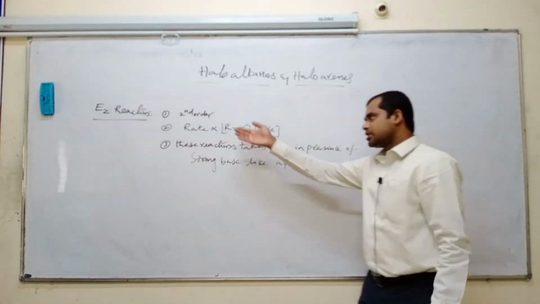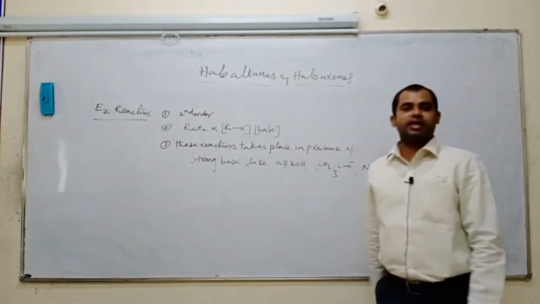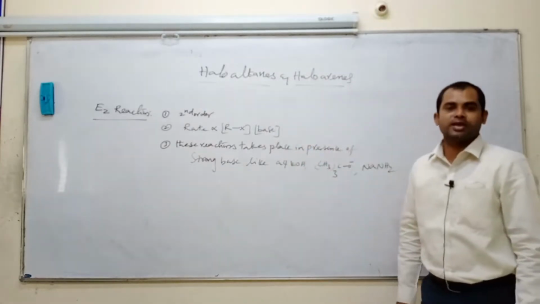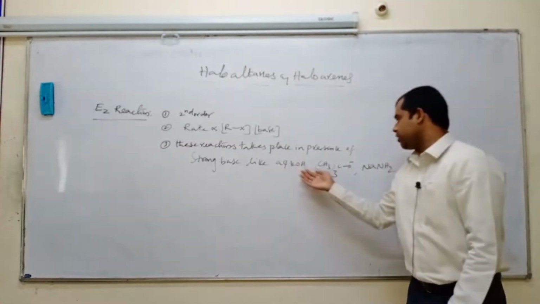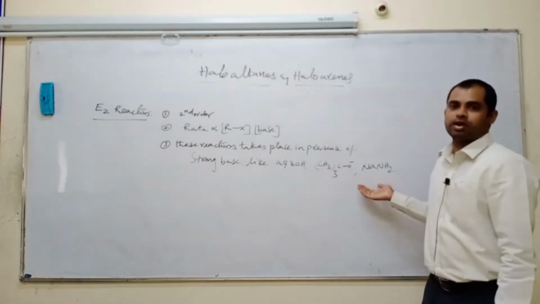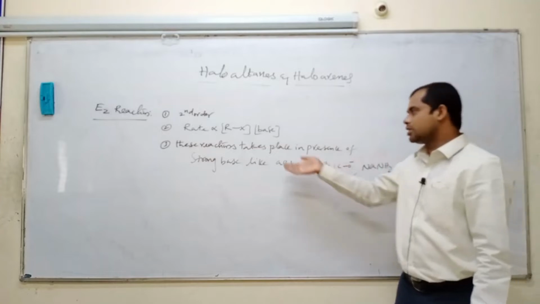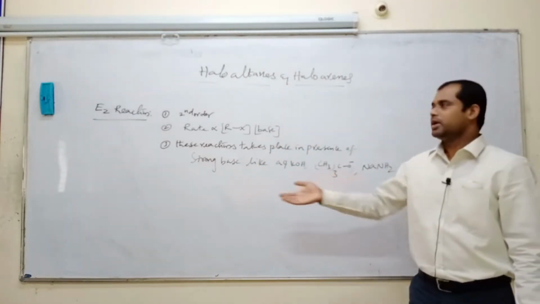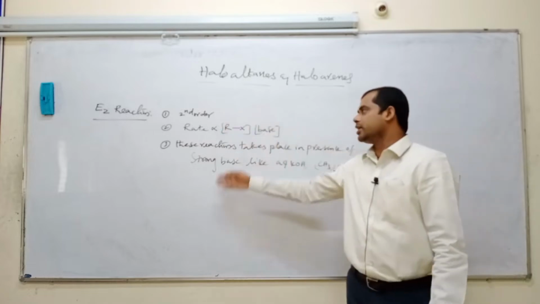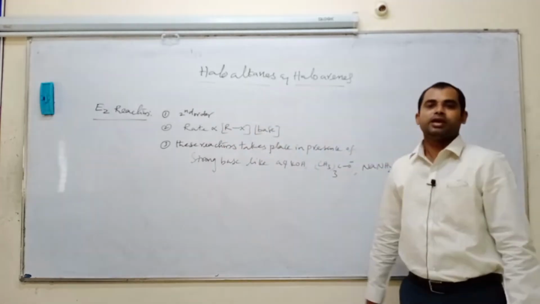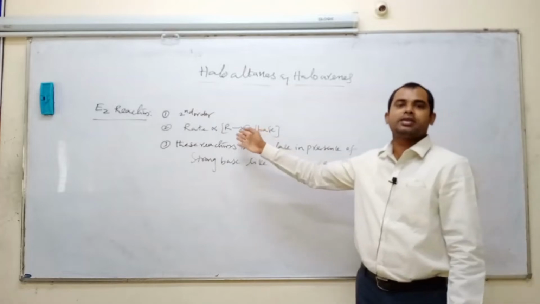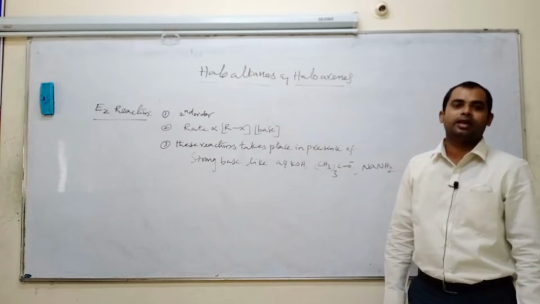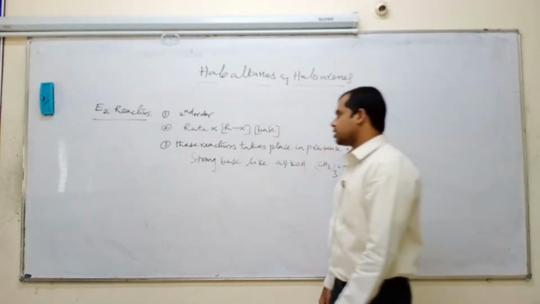So these E2 bimolecular elimination reactions always take place in the presence of strong bases only. This is second order kinetics. The rate is directly proportional to the concentration of alkyl halide, the substrate molecule, and the base, the eliminating reagent or eliminating agent. Let us see one example.